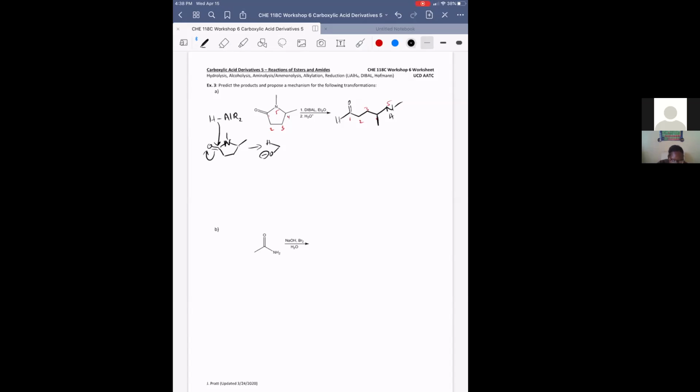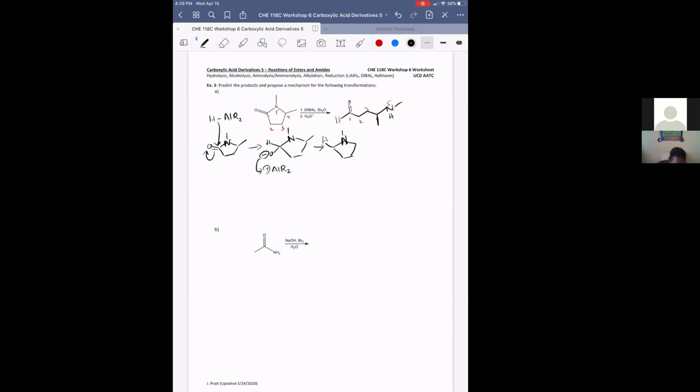Now our oxygen has a negative formal charge, right? There's still a methyl on our ring and a nitrogen that has a methyl on our ring. And then in the presence of AlR2+, we can form a new bond here, and this generates a more stable species. In our more stable species, we still have nitrogen, our ring.